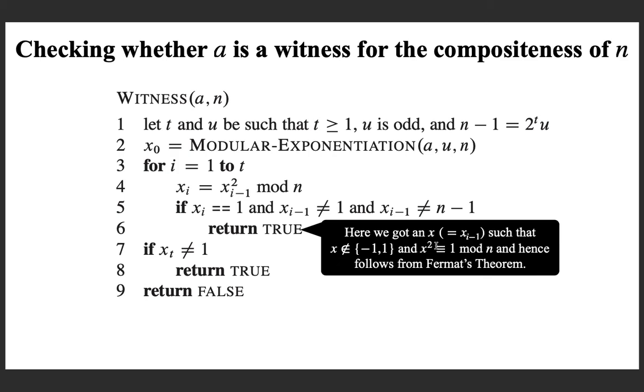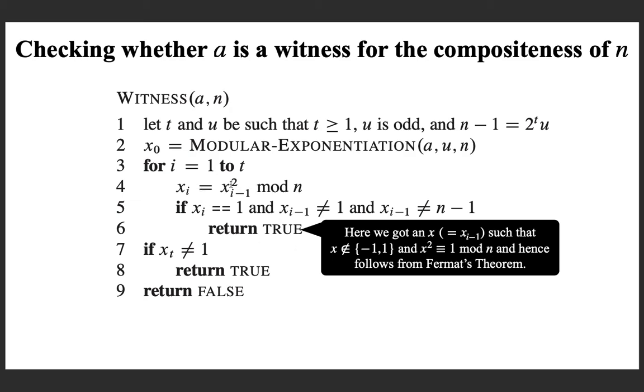Here you got an x, which is x(i minus 1), such that x is neither minus 1 nor 1, and when you find the square of that x, you get 1 as the result. That means x is a non-trivial square root of 1, and hence it must be a composite number.